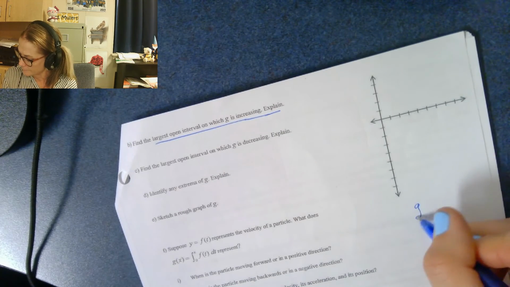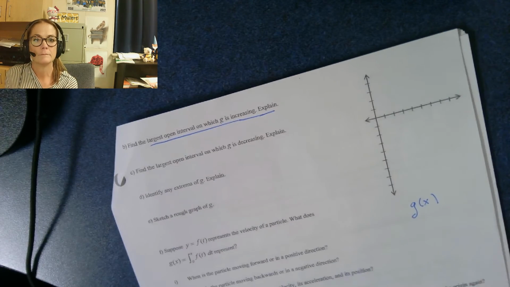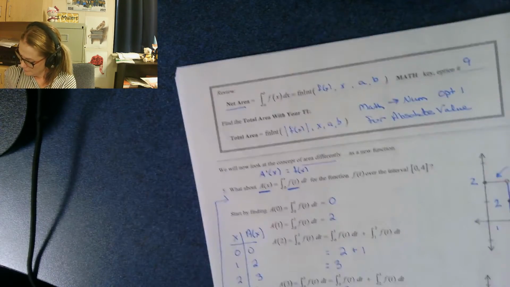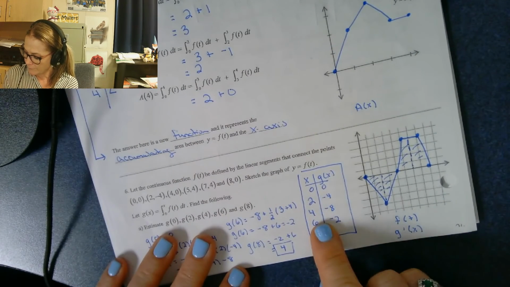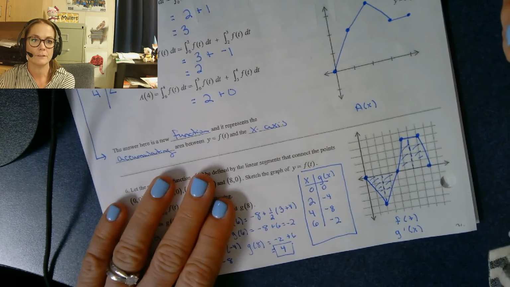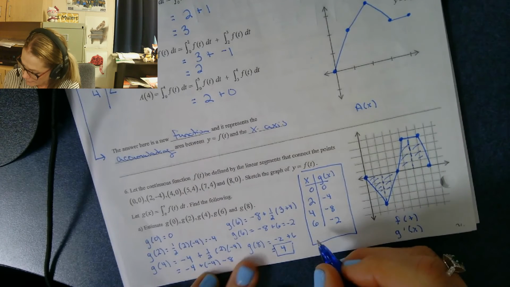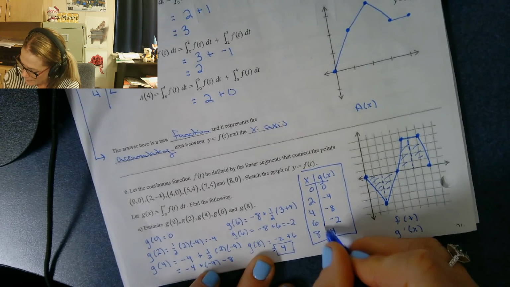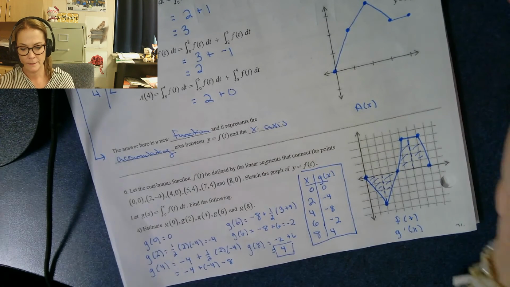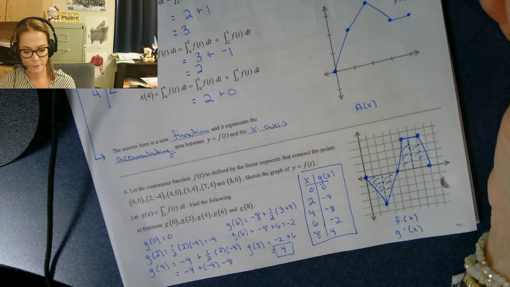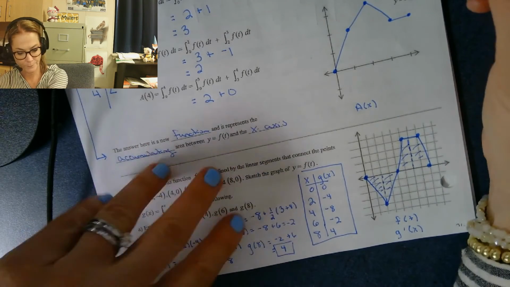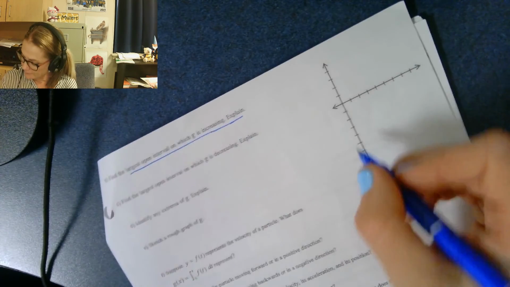So let's graph G of x. I'm just grabbing these points: 0, 0, 2, negative 4, 4, negative 8, and 6, negative 2. Oh, and I didn't add, sorry, 8 and 4. Need one more. 8 and 4. Okay? So we are going to use those. Like I said, the flipping is the worst part of this.